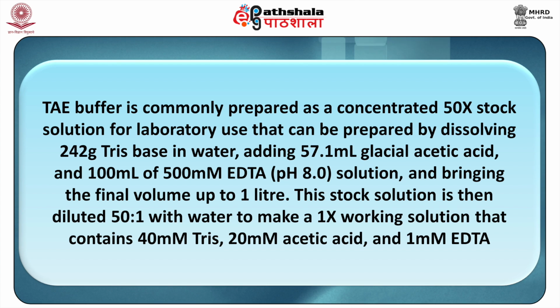This stock solution is then diluted in the ratio of 50:1 with water to make a 1x working solution that contains 40 millimoles of Tris, 20 millimoles of acetic acid and 1 millimole of EDTA.